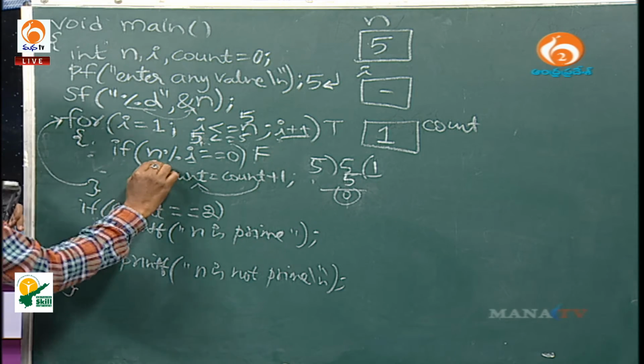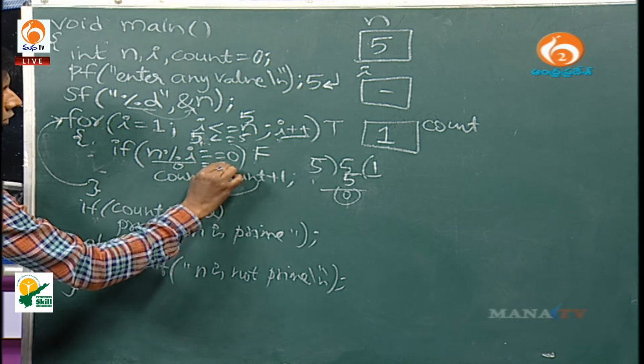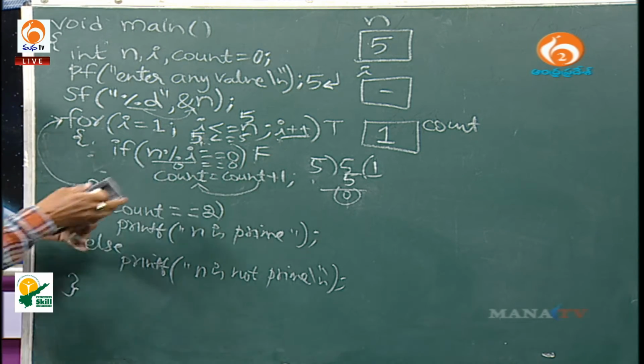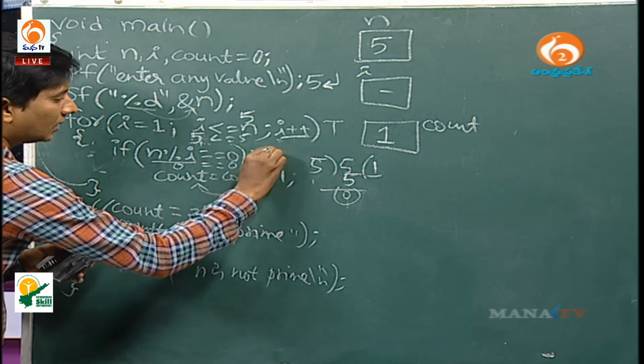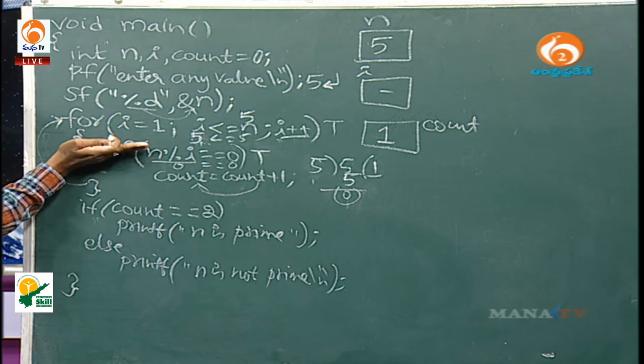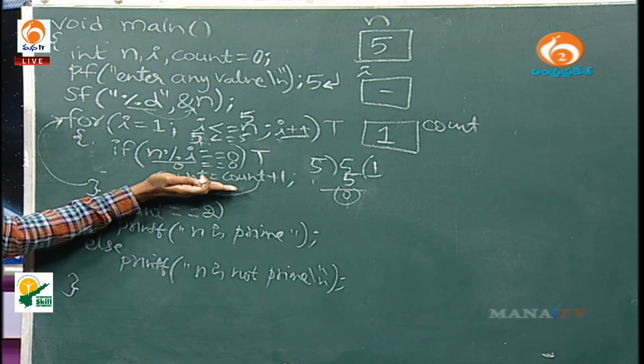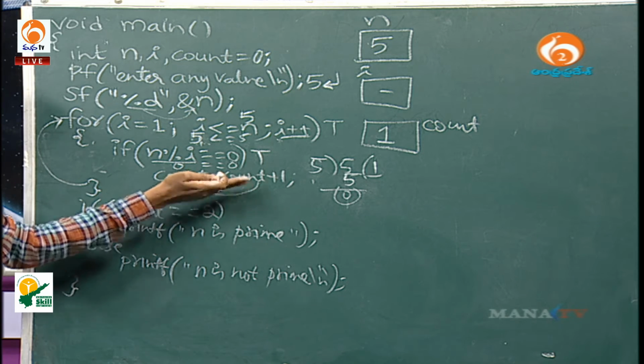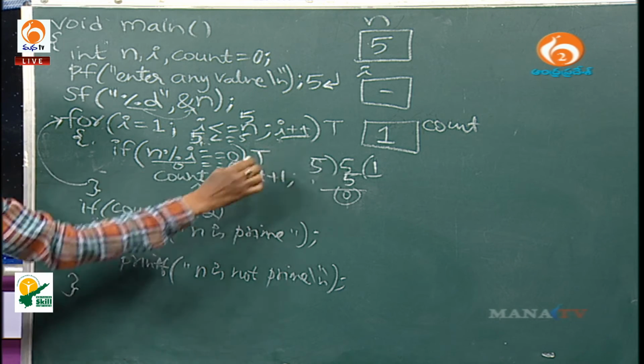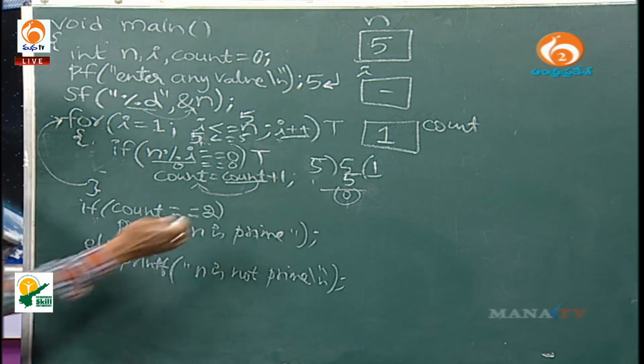Now we get 0 double equal to 0. The condition becomes true, and whenever the if condition becomes true, control enters the body of the if condition. Count equal to count plus 1. Initially count was 1, 1 plus 1 is 2.